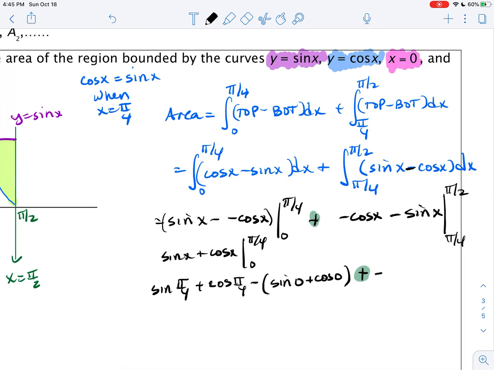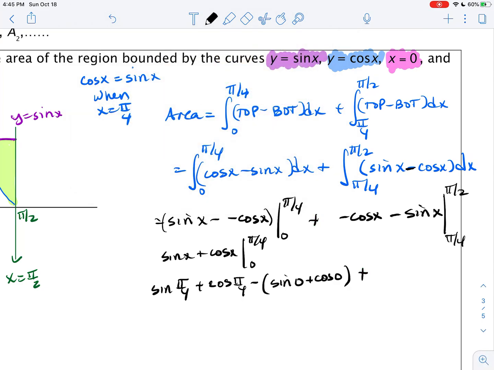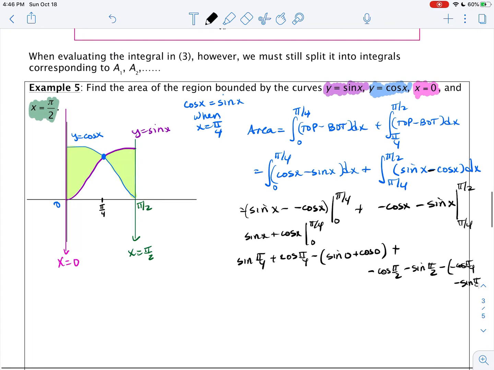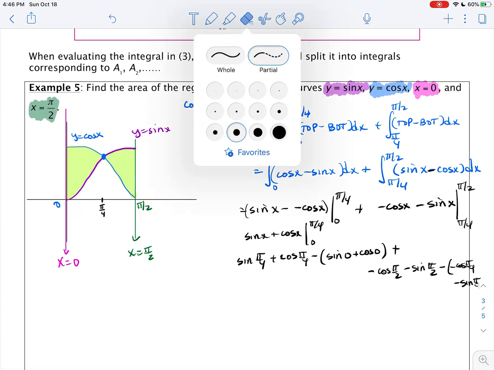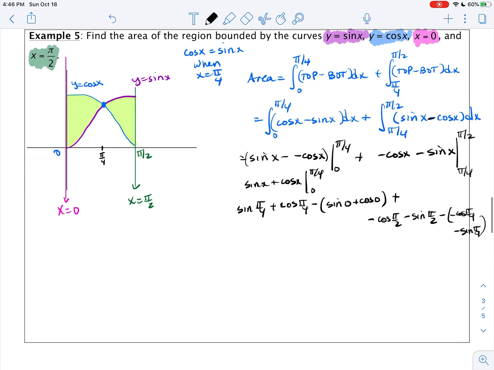And we're going to have minus cosine, or I'll put it a little further down, plus minus cosine of pi over 2 minus sine of pi over 2. And then we want to take away our minus cosine of pi over 4 minus sine pi over 4. That's kind of ugly there. Maybe I should erase that and do that again, but I won't.